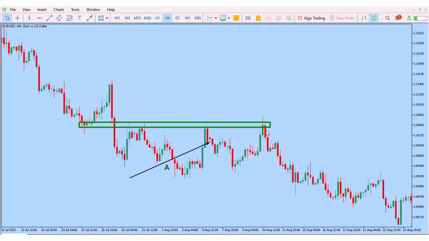Highlight this area. This is point B. What do you notice about the engulfing pattern at this point B?